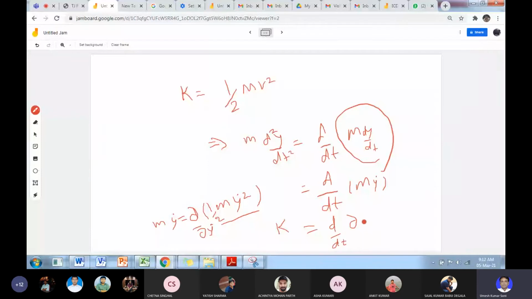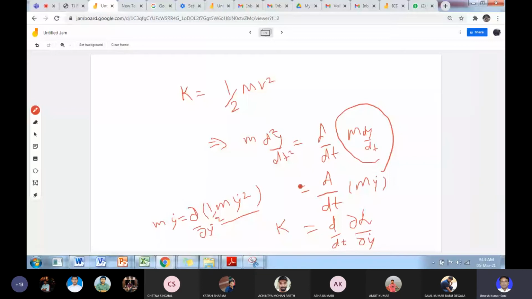So the derivative of this term with respect to the joint variable. Okay, so y is a displacement variable, so the derivative with respect to the displacement variable of the center of mass joint. So this is the kinetic energy.